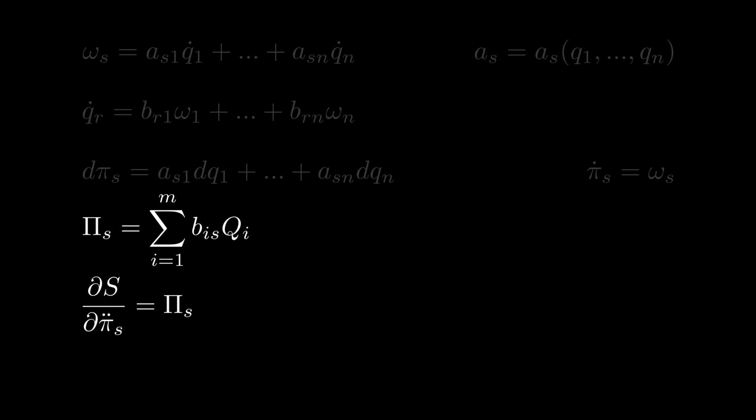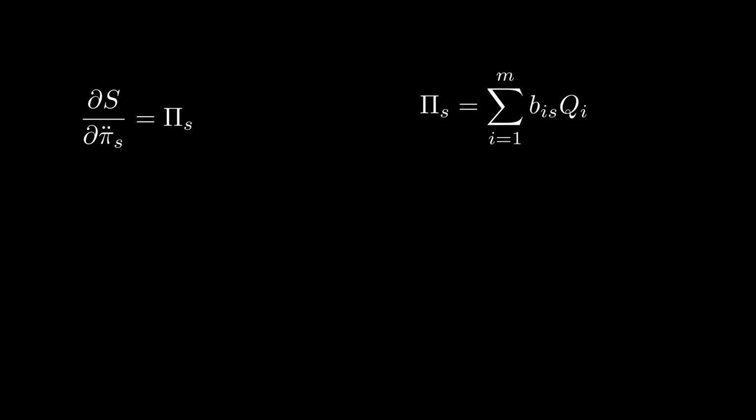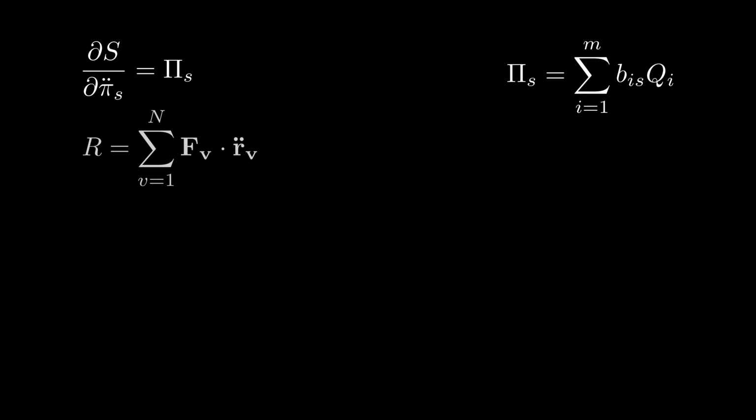equals pseudo-force. Now let's introduce a new quantity R, which is the sum of products of Cartesian forces and accelerations for all the particles in the system. It happens to be that the partial derivative of this with respect to pseudo-acceleration is also equal to the pseudo-force.